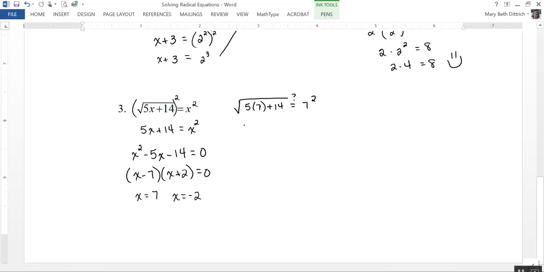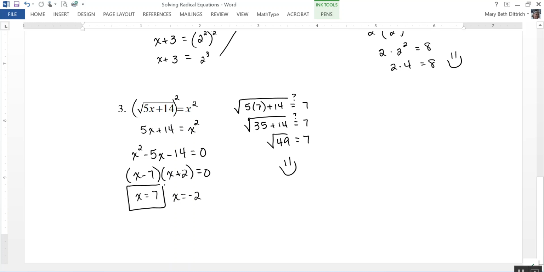Is the square root of 35 plus 14, sorry, not 7 squared, just 7, equal to 7? Yes, because the square root of 49 is equal to 7. That one does check, so x can equal 7.